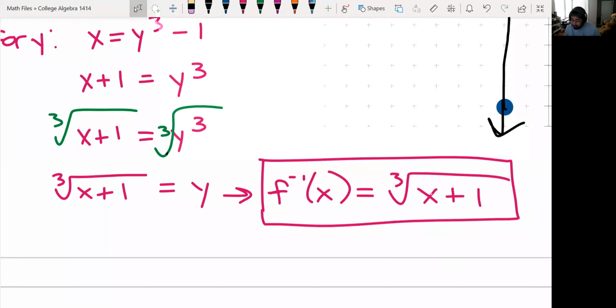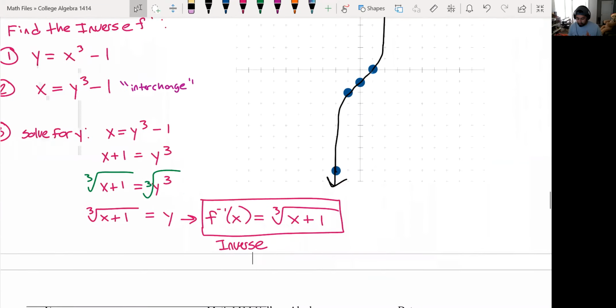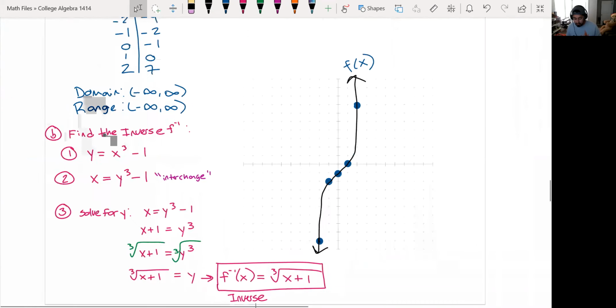There it is. There's the inverse. Okay. And now all we have to do is graph it.